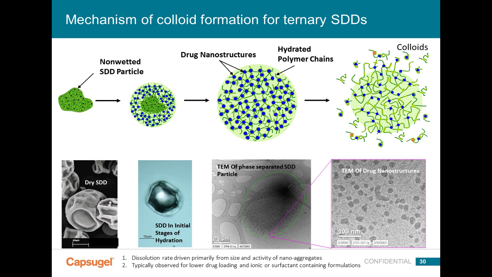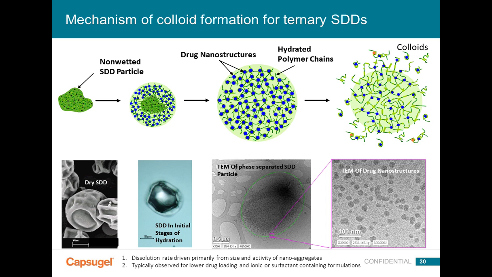So the cartoon shown here gives a schematic of how an SDD is able to phase separate to form colloids. The dry SDD, pictured below, swells and hydrates when it's placed in aqueous media. So we have the cartoon schematic up on the top that shows approximately what's happening as the SDD swells, and then we also have FDM and optical microscopy images that show this gradual hydration of the outside layer of the SDD.